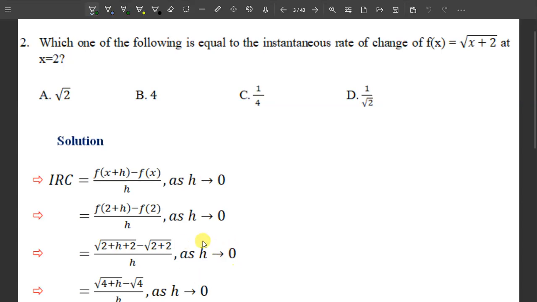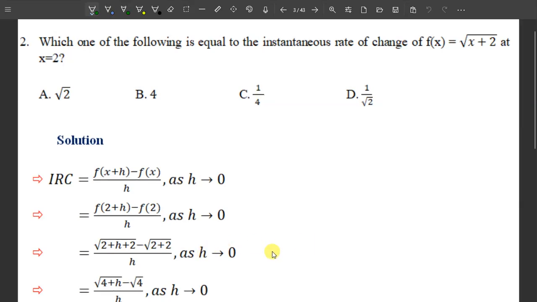If you omit this one, this cannot be solved, and it cannot be equal to the instantaneous rate of change, because the instantaneous rate of change is equal to the slope of the tangent line, which is again the derivative of the function at the point of tangency, and therefore we have to take h to 0. h approaches 0 always.